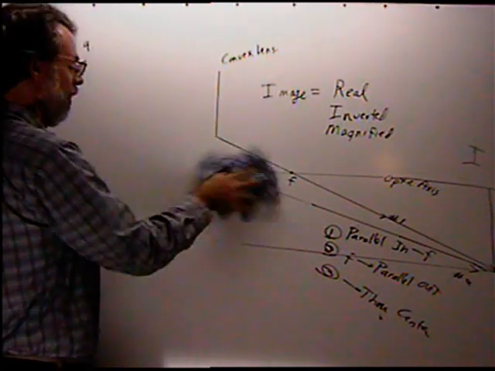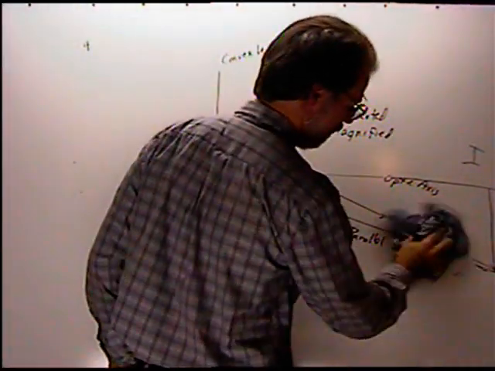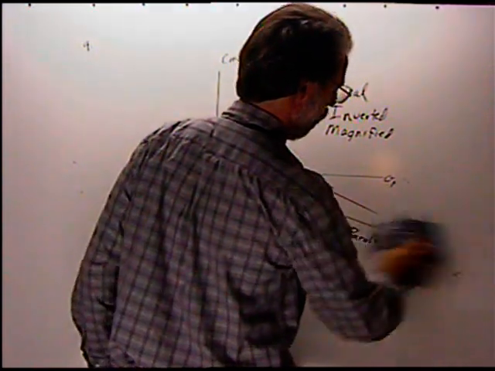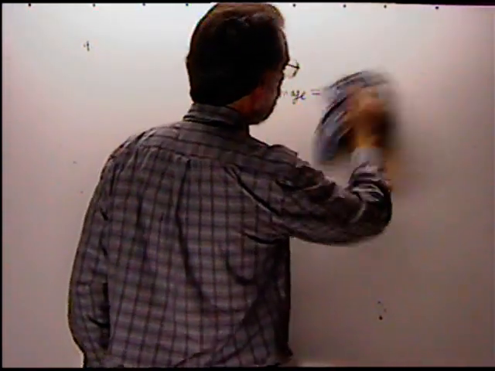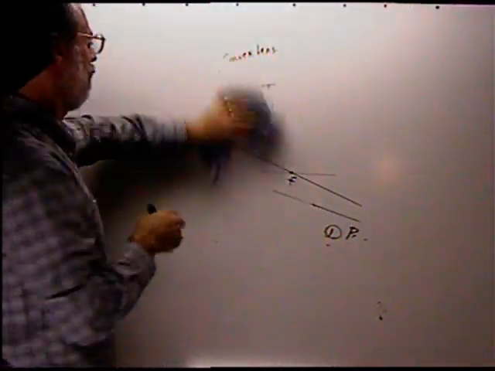Anyway, we're not doing combination of lenses. That's a more difficult problem, a problem to solve for a later time if any of you take optics in college, or just want to do it for the fun of it.